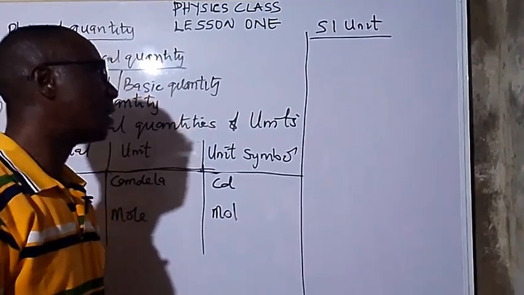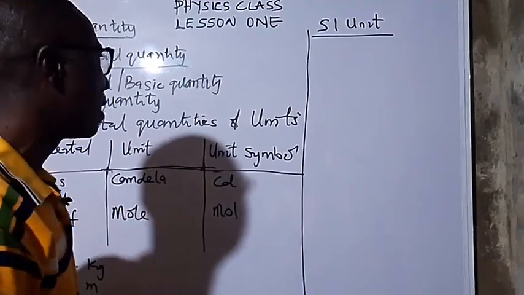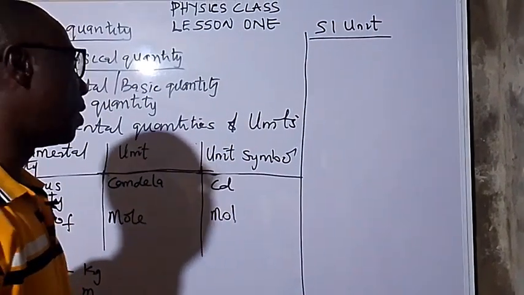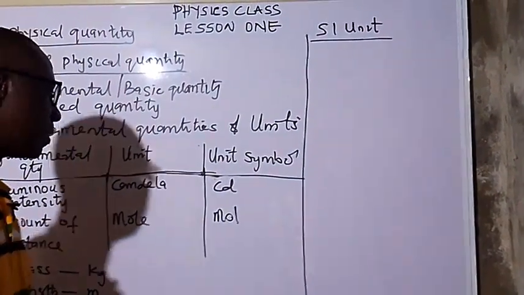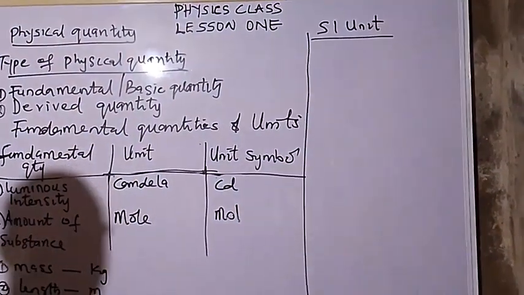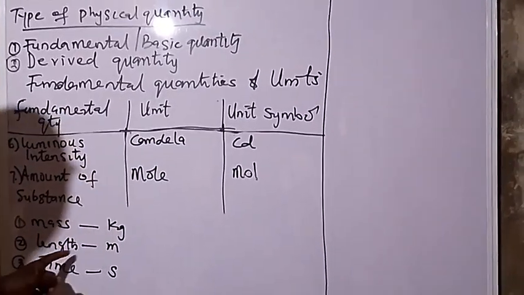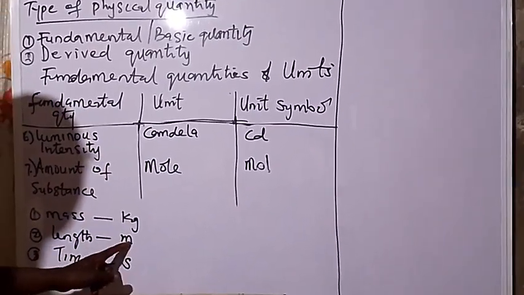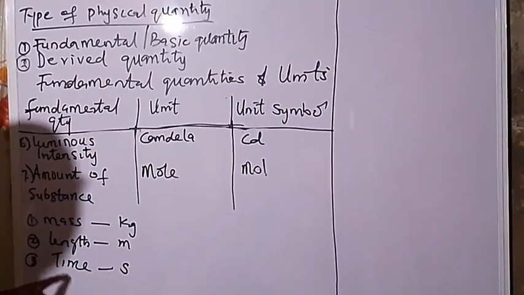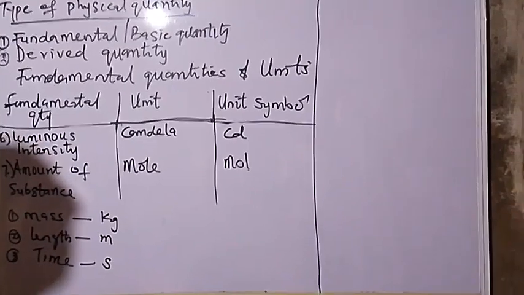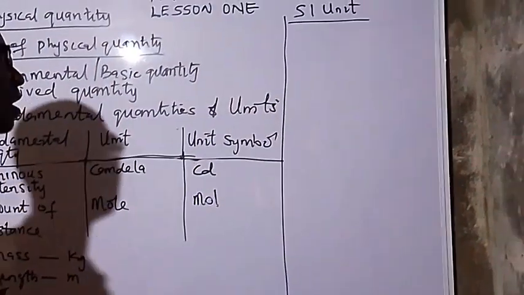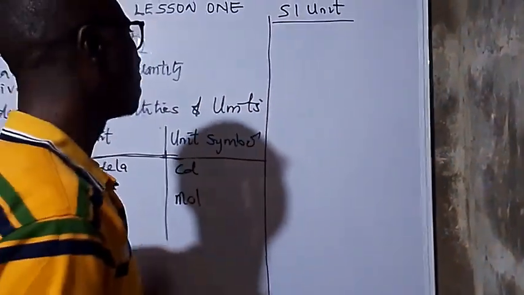That is the unit that is generally accepted throughout the world. For instance, the SI unit of mass is kilogram, the SI unit of length is meter, and the SI unit of time is second, and this applies to all other fundamental quantities which have been written before.